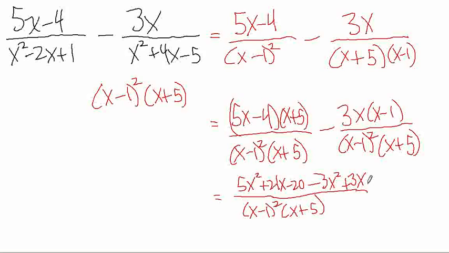Okay, now simplifying. The simplified numerator is 2x squared plus 24x minus 20 all over (x minus 1) squared times (x plus 5), and I hope that is what you got as your answer.